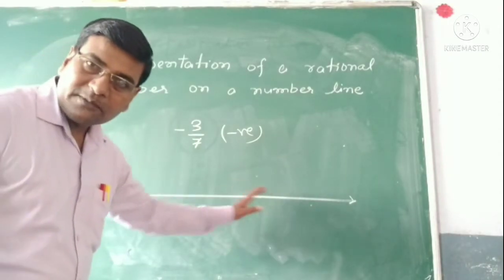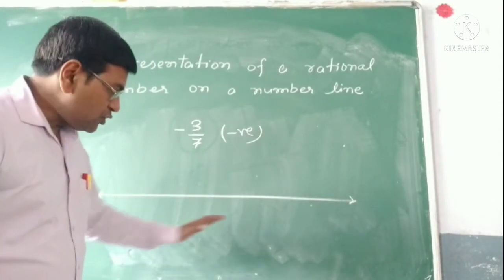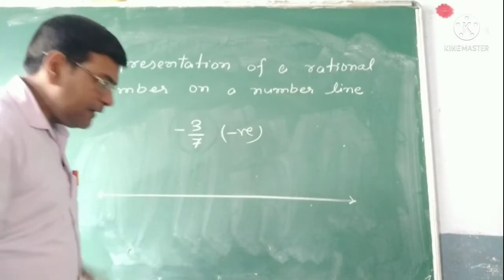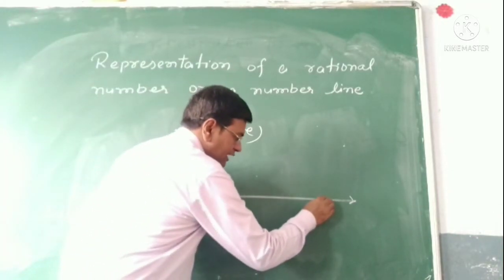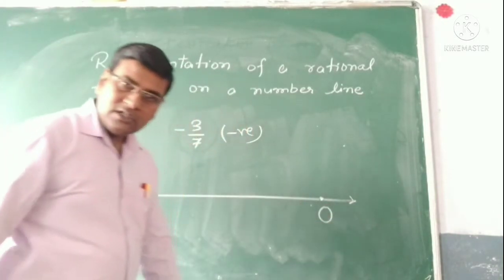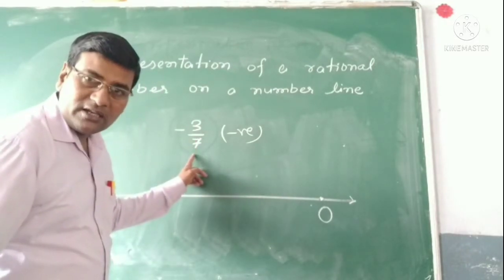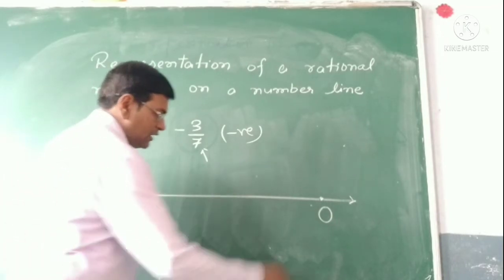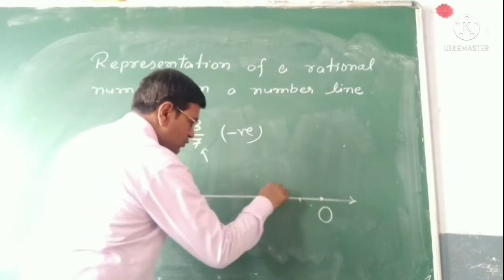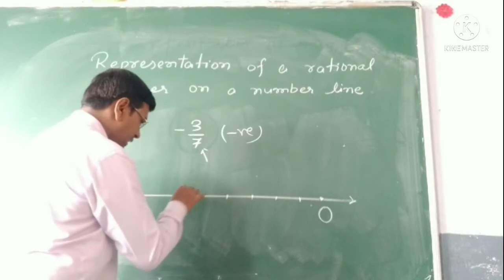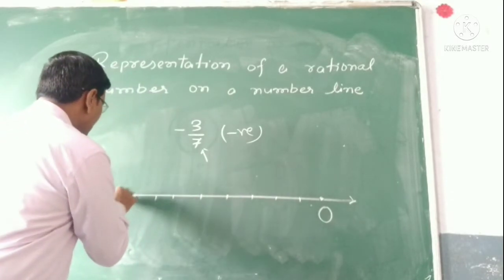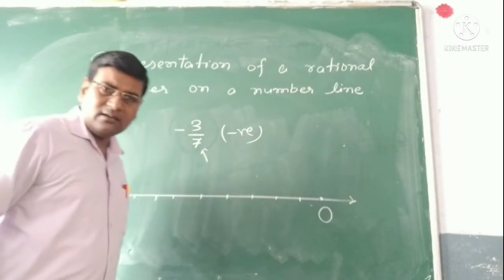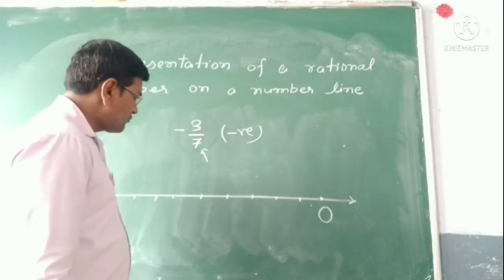It will be to the left side of 0. So you want more space in the left hand side. Write here 0. Take any point and write here 0. What is denominator here? 7. Okay. So start counting 1, 2, 3, 4, 5, 6, 7, 8, 9. Or you can draw more points.